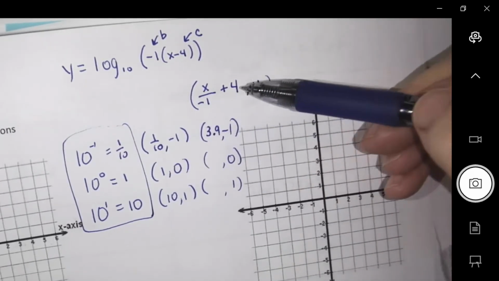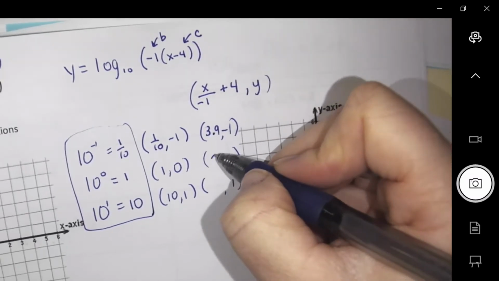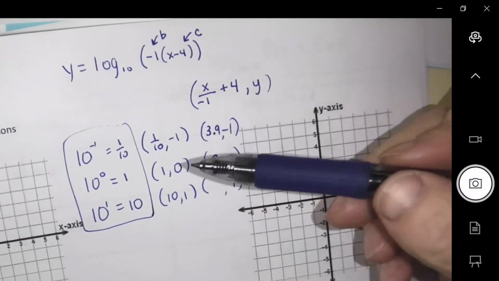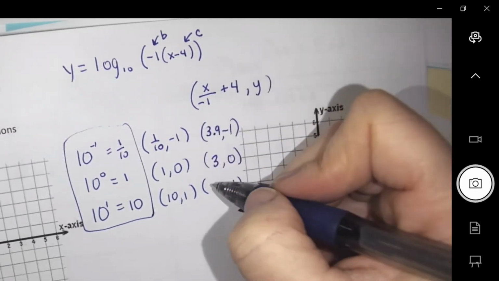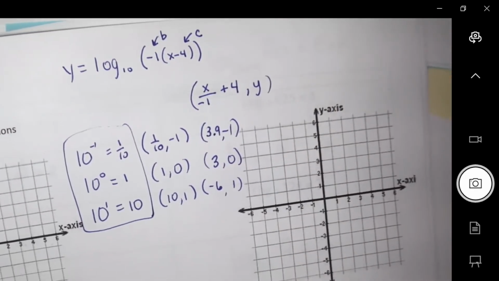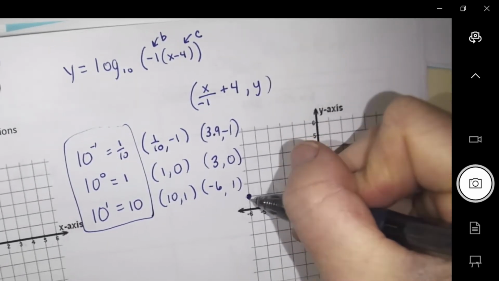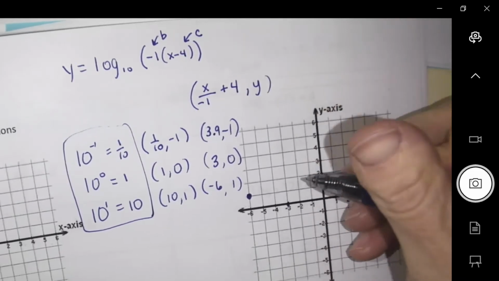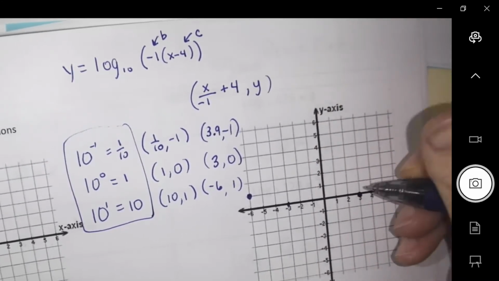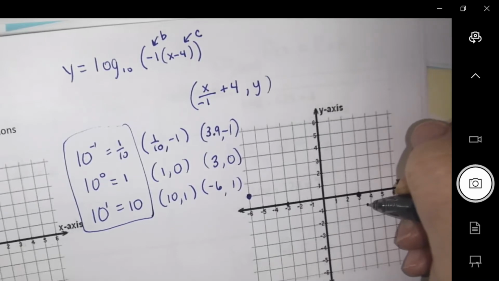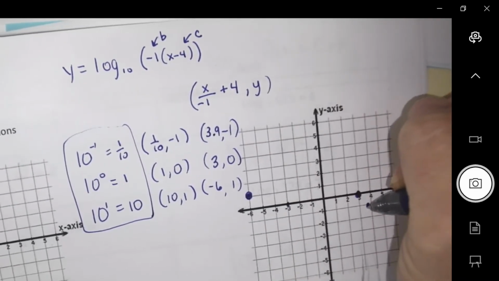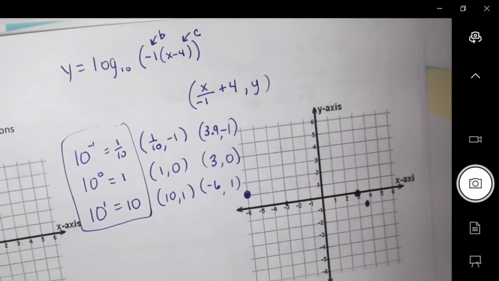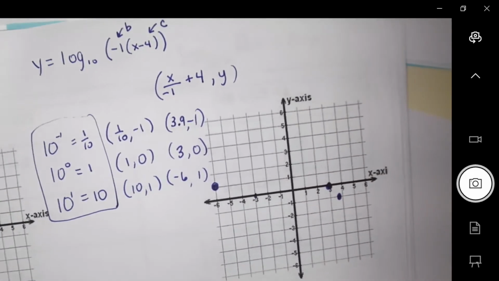Negative 1 plus 4 is 3. Negative 10 plus 4, so negative 6. So there's your 3 coordinates.